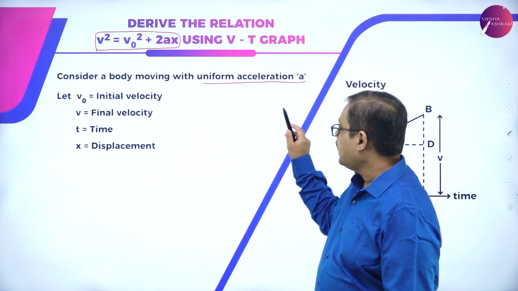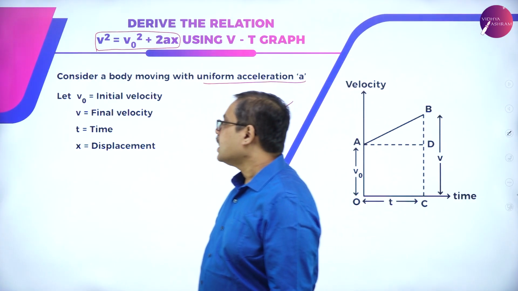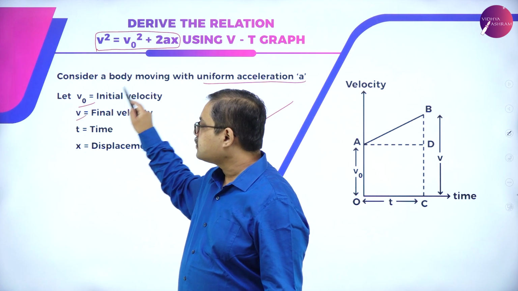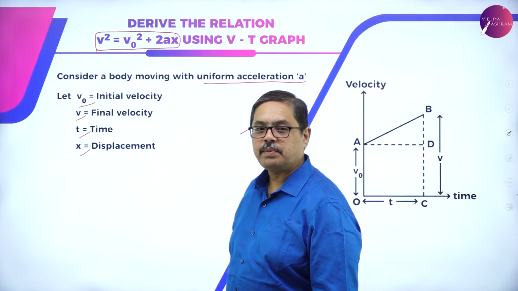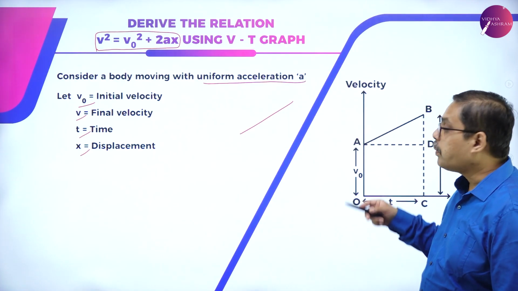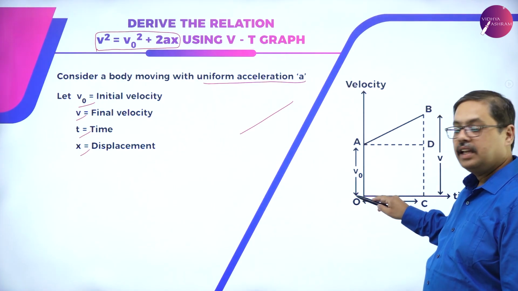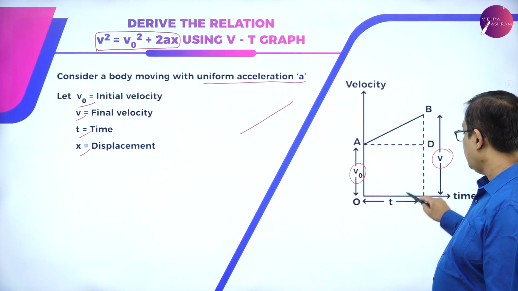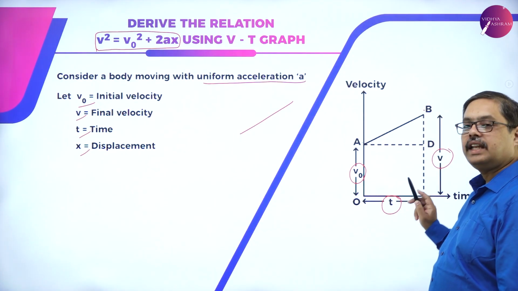Once again the graph will show an inclined line with the regular terminologies. v naught is initial velocity, v is final velocity, t is time and x is displacement. So when I plot the velocity versus time graph, I have an inclined line with some initial velocity v naught, final velocity v, and the time taken by the body to travel from A to B is t.